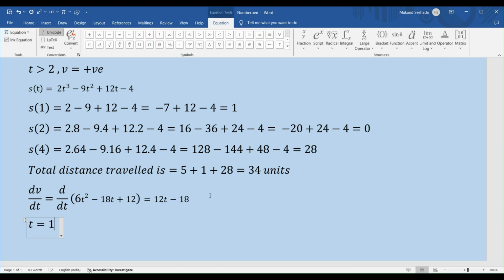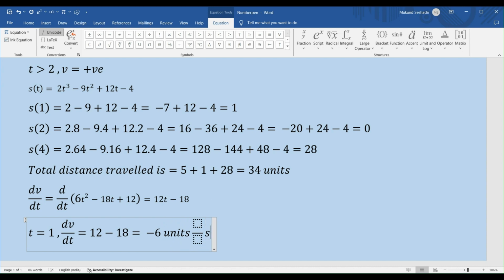At t equals 1, my dv by dt, which is nothing but my acceleration, is 12 minus 18, which is minus 6, right? And I think when we write acceleration, the way to do that is units per second square.